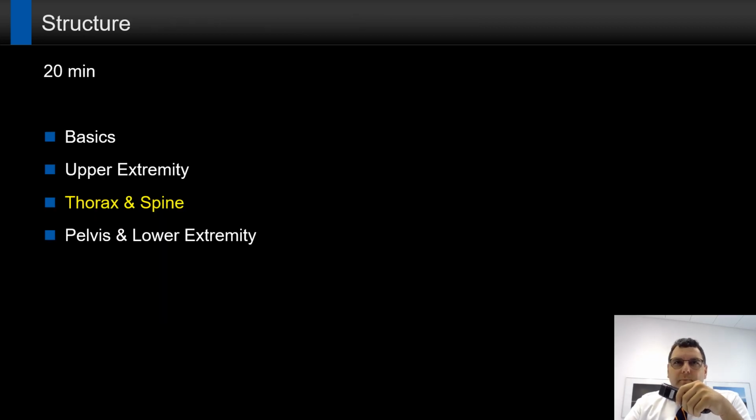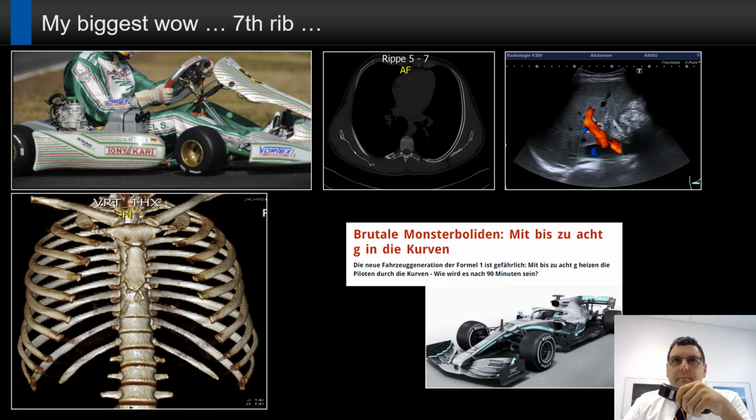Let's move on to thorax and spine. Here I have a case where I made a big mistake a while ago, and where I had a huge wow effect. A patient came in after doing this kind of sport, where he hit an obstacle and compressed one of his ribs, and he was showing me with his index finger where the pain was.